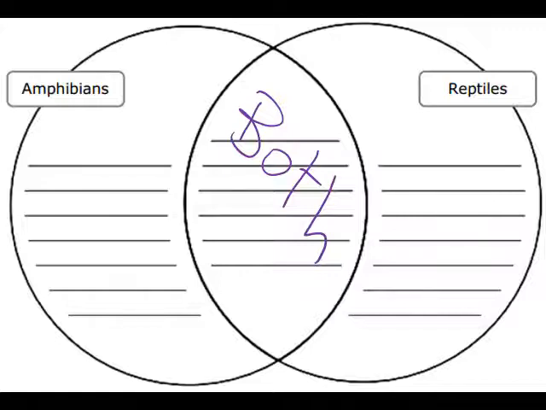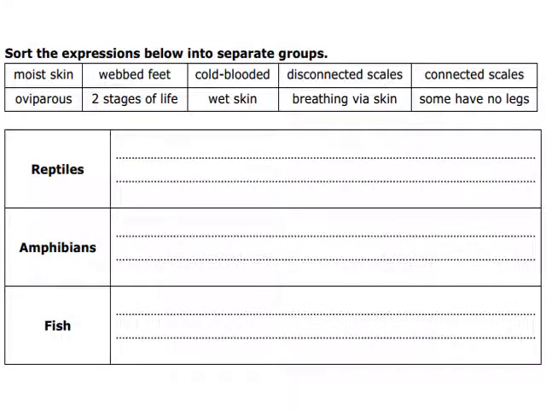Last question. I'm gonna say the expression. You must tell the group: reptile, amphibian, or fish. Moist skin. Amphibians. Webbed feet. Amphibians. Cold-blooded. The 3 groups are cold-blooded: amphibians, reptiles, and fish. Disconnected scales. Fish. Connected scales. Reptiles.